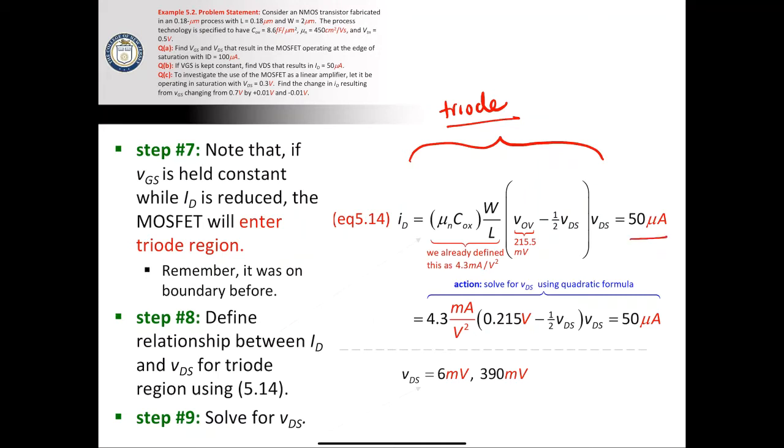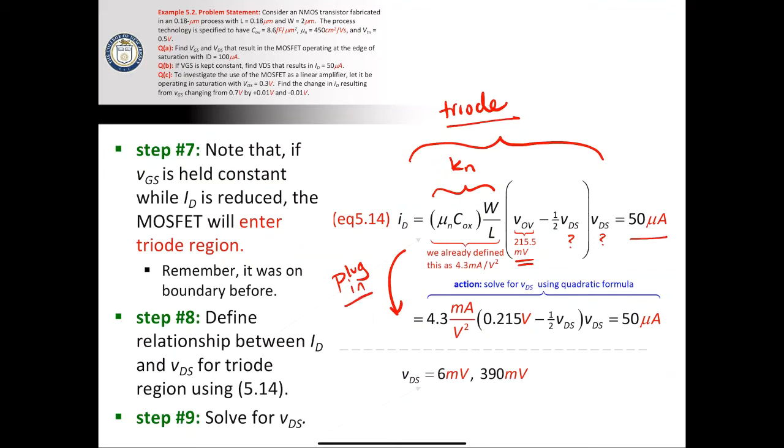A lot of this is already defined. This all right here is our Kn value. Then we have VOV minus 1/2 VDS. The rest of the parts of the equation are all listed out. We know what VOV is. It's 215.5 millivolts. We don't know what VDS is. So we plug in all the values that we have, and we end up with this equation right here.